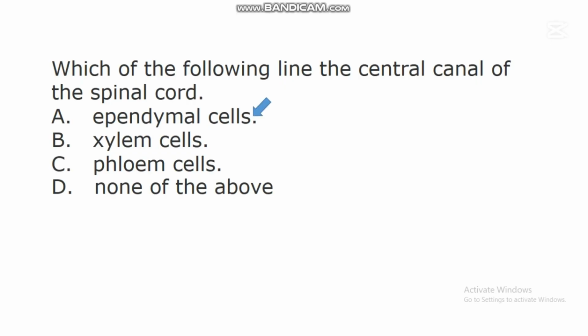Ependymal cells. Ependymal cells are the cells that line the central canal of the spinal cord.